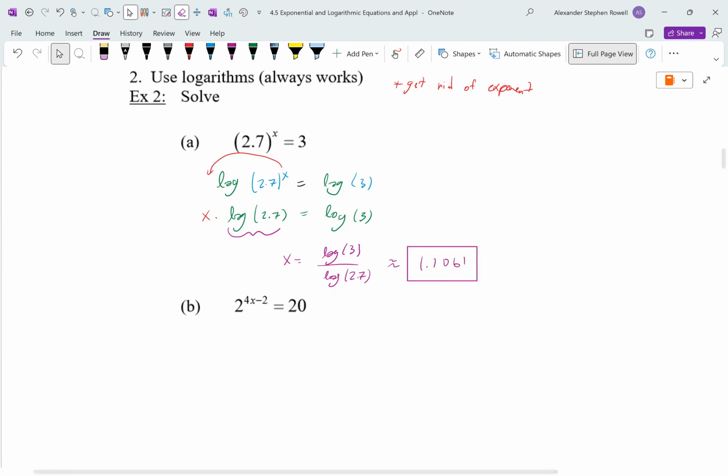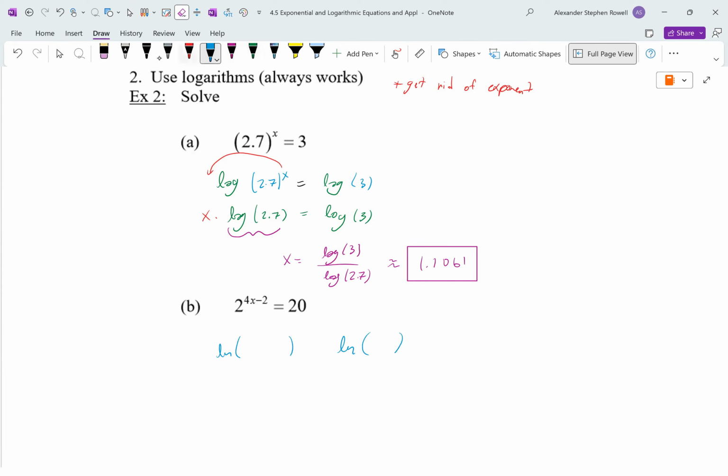The next one's more difficult. I look at 2 to the power of something and 20 and ask myself, can I get the same base? If I can't, I'll take the log of both sides. Can anyone guess my favorite logarithm? The natural logarithm. Why would that be my favorite? Because it's less letters to write.